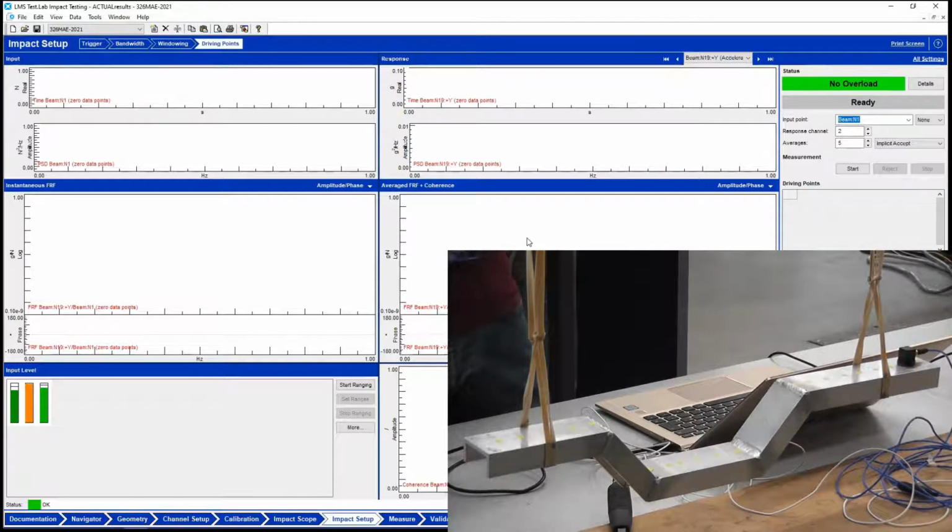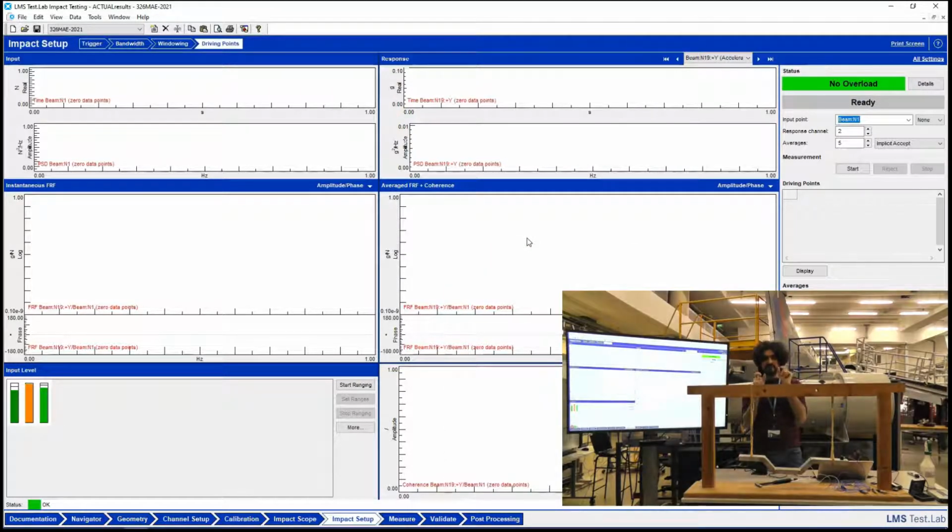But for a certain amount of newtons, for a certain level of force, you will have a certain amount of deflection. So the driving point gives us the baseline that says, okay, if I impact with 1 Newton, I get this much acceleration out of it. If I impact with twice as much, I get twice as much.